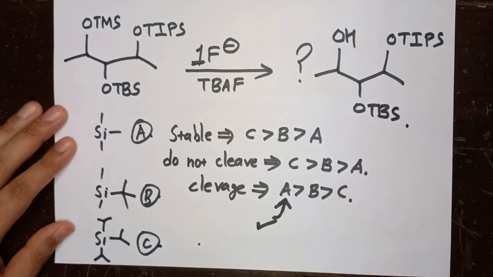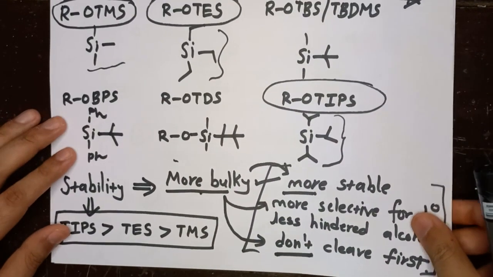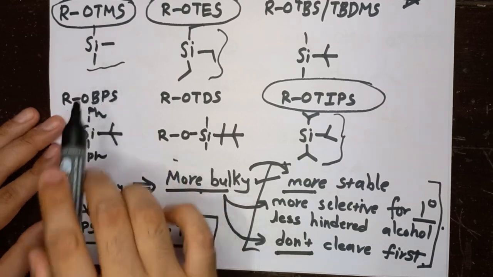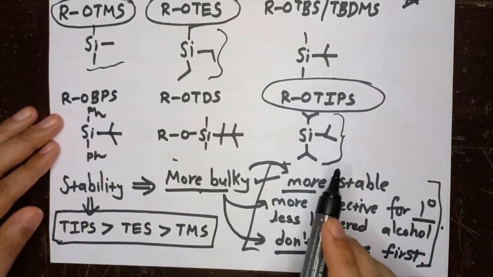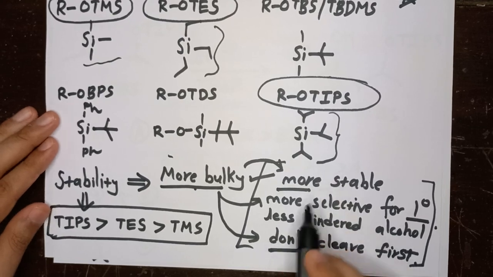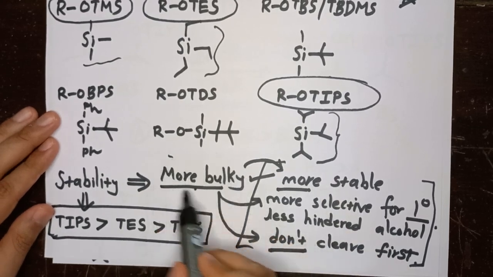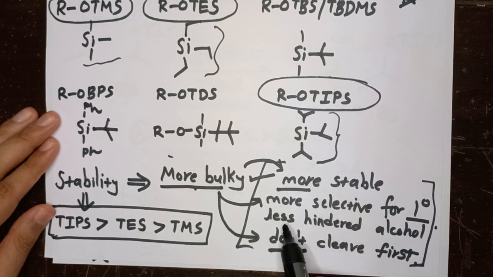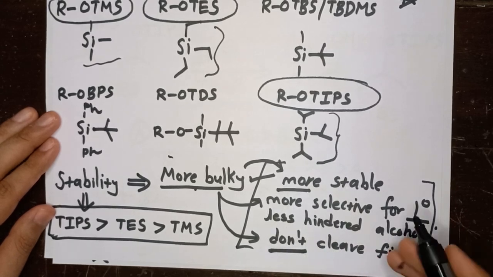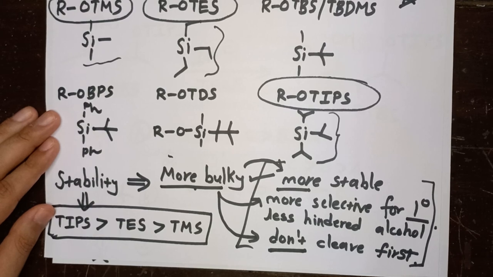So you need to know this, as I mentioned. You need to know all these silyl groups. Then only you can know which is more bulky, which is less bulky. And if you know the more bulky one, that will be more stable and that will be more reactive towards less hindered alcohol, 1 degree, then 2 degree, and lastly 3 degree. And more bulky will not cleave first.